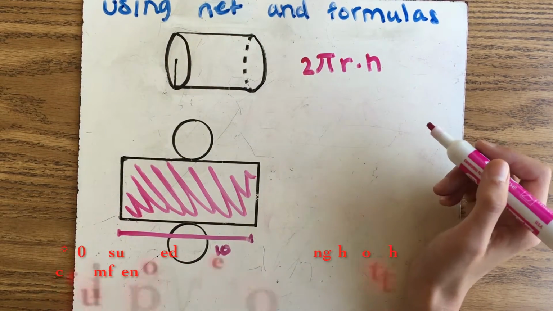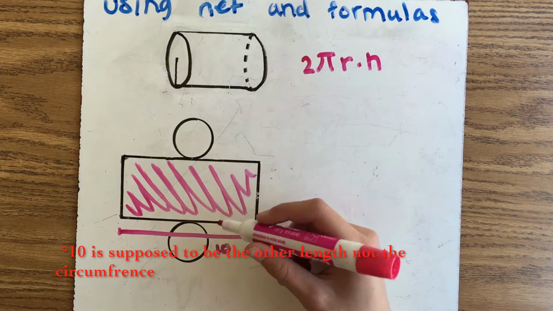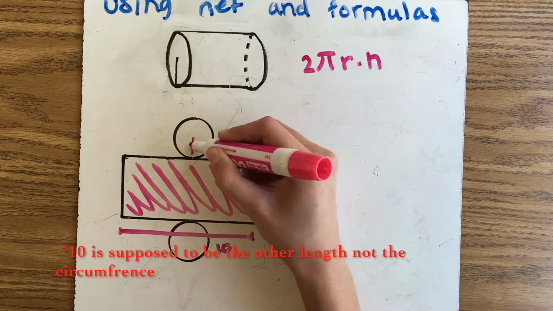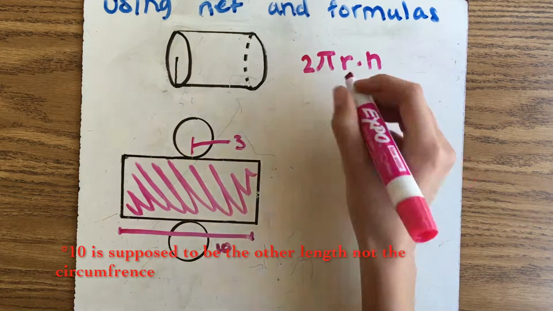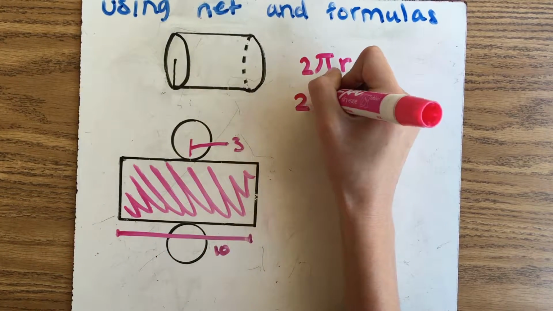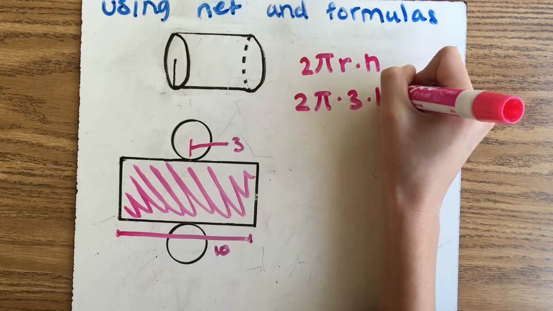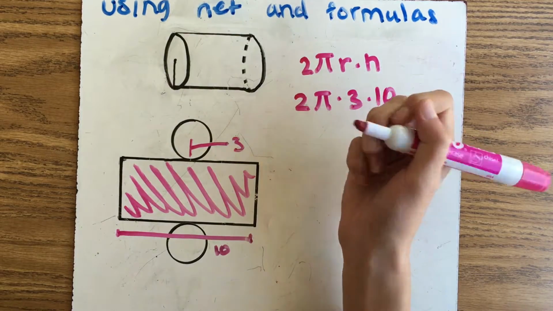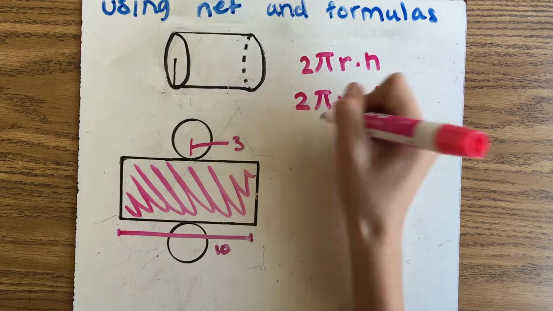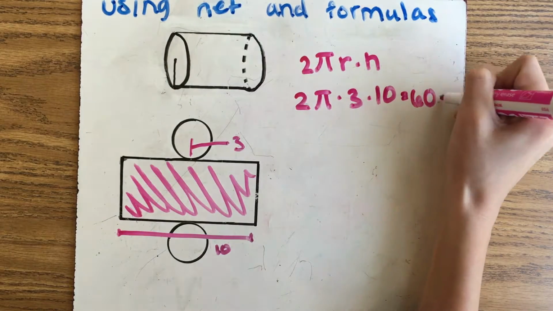So we have 10 as the height and then 3 as the radius. Then we can plug it into 2 pi times 3 times 10 and this is going to be 60 pi.